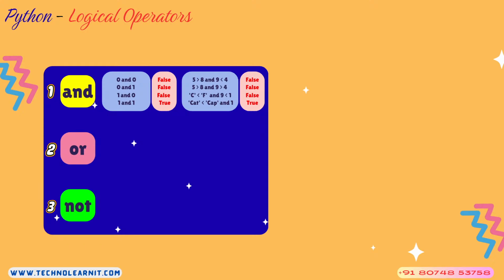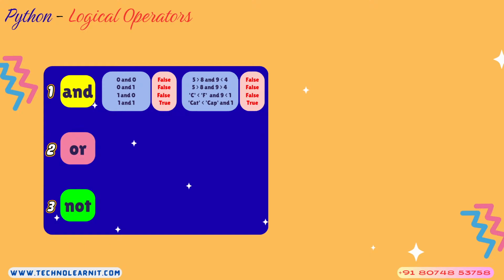And the last example here: cat is less than cap. The first character in cat will be evaluated against the first character in cap. C and C, they are the same, so we cannot take any decision here. So it moves to the next character, which is a in cat and a again in cap. Both characters are the same, so we cannot take any decision there.